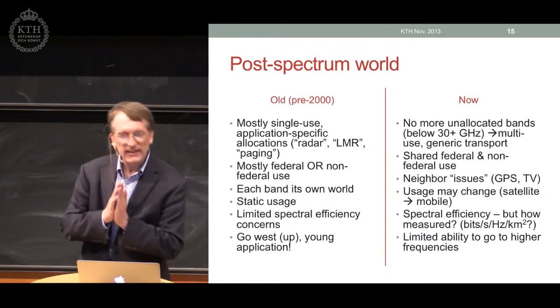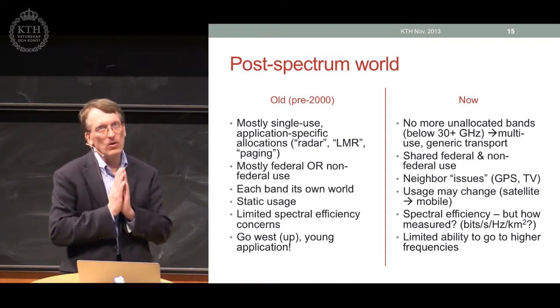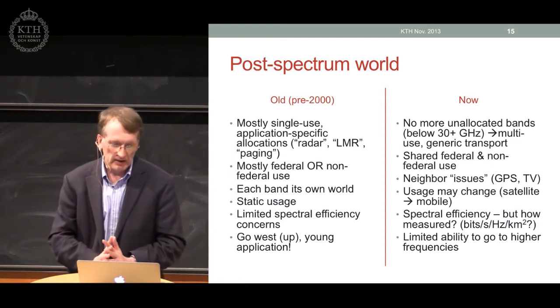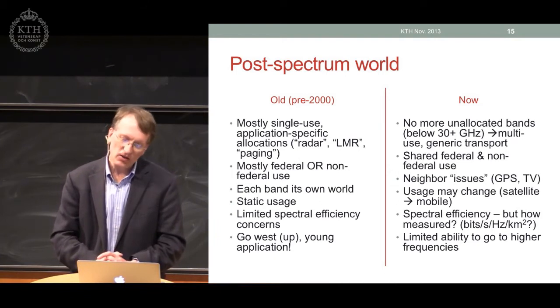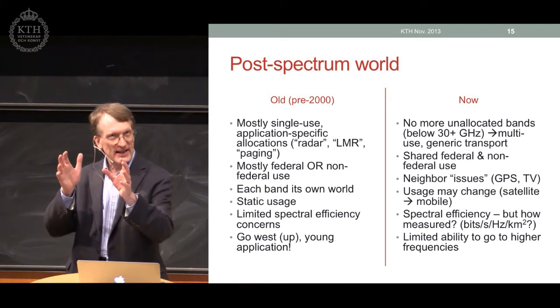One of the other things that has changed in the last few years is that the old world of spectrum management can no longer work. In the old world, we had mostly, as I said, single-use spectrum. So you get a spectrum and it would be assigned to radar.